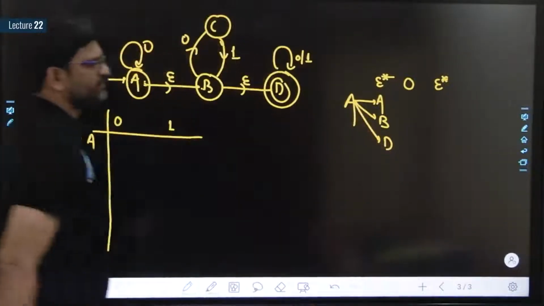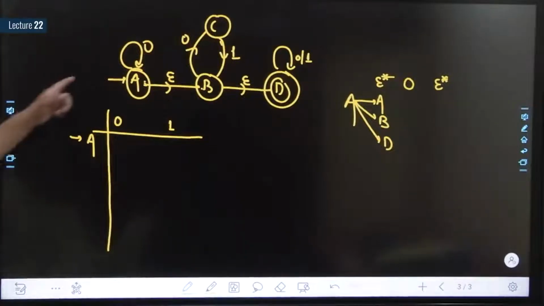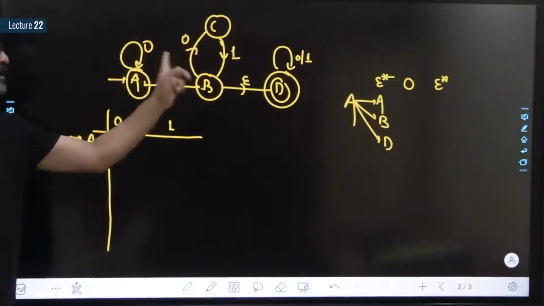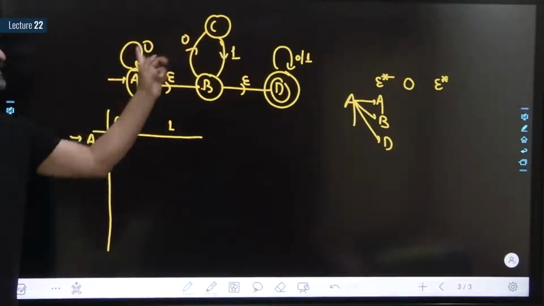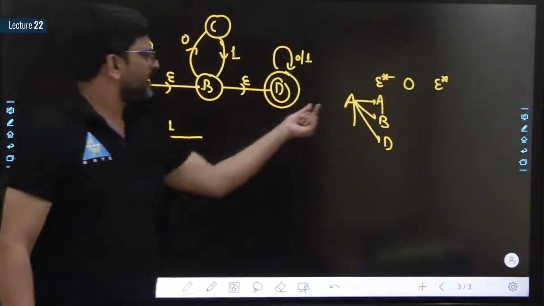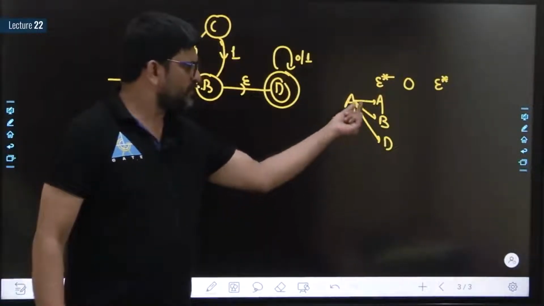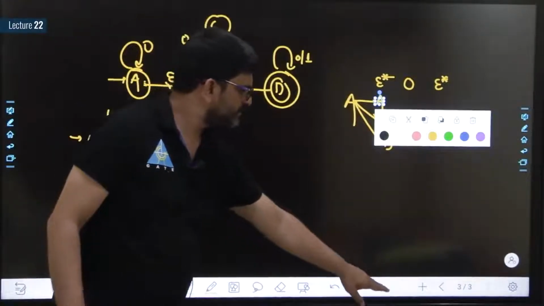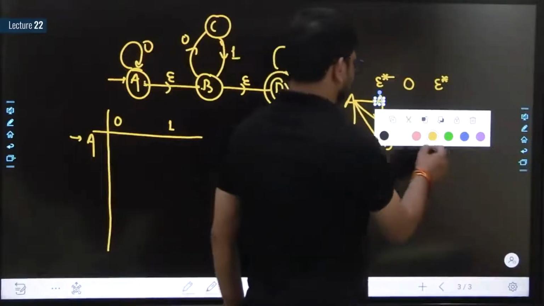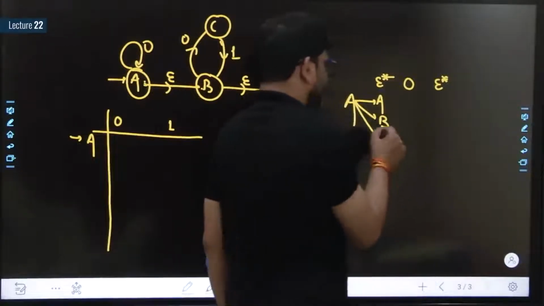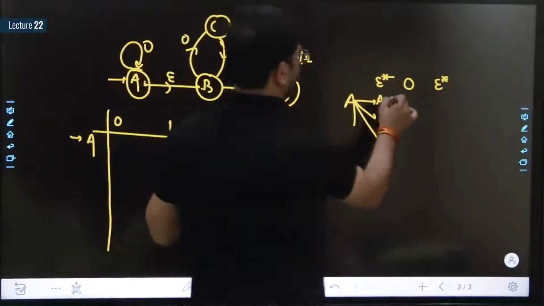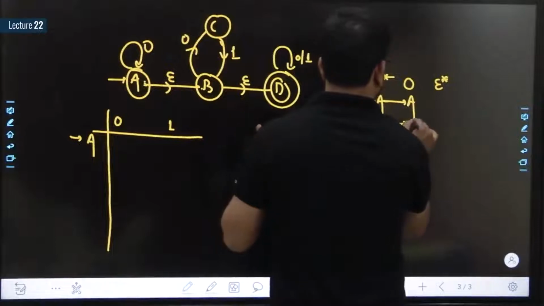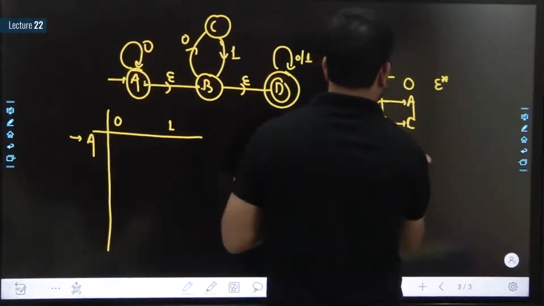So the epsilon closure of A is A, B, D. C is not reachable using only epsilon. A on 0 gives A, B on 0 gives C, D on 0 gives D.